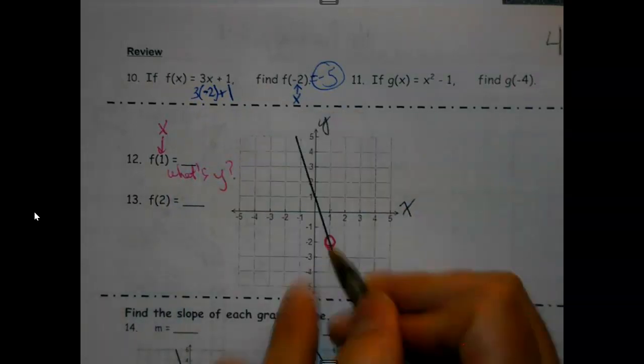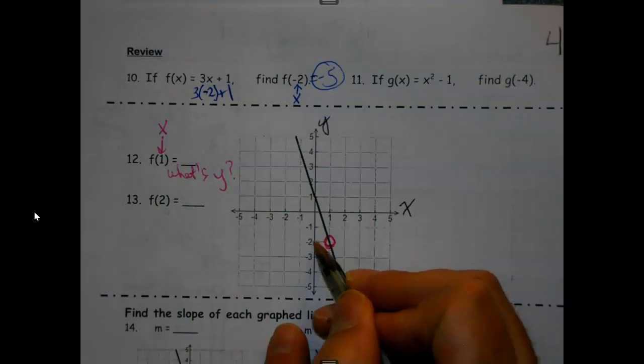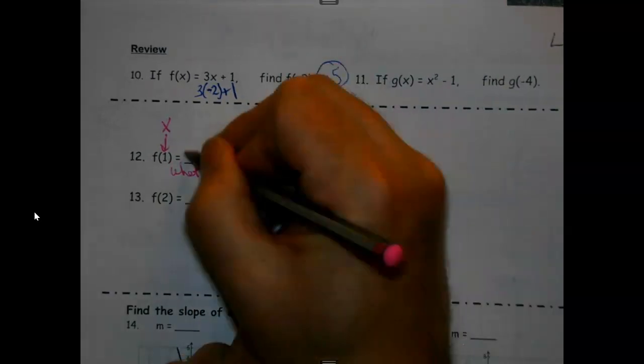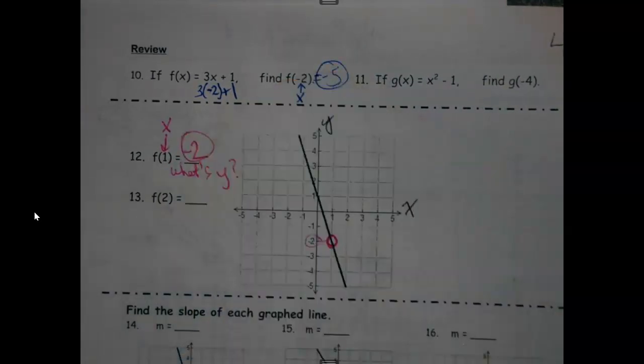What's the y value right here? Just follow it over and find your answer. No math to do. It literally is just run into the graph, go run into the y-axis, and you've got your answer. So not too bad.